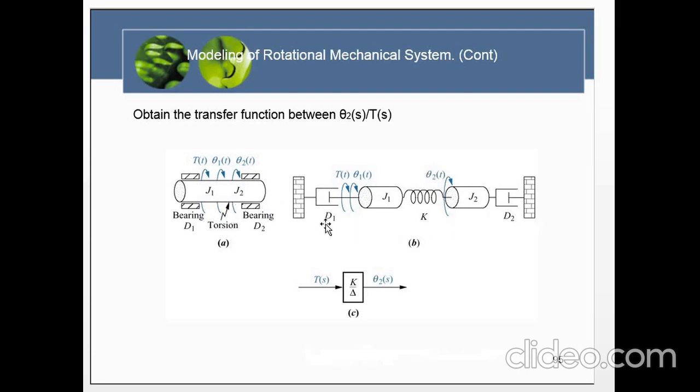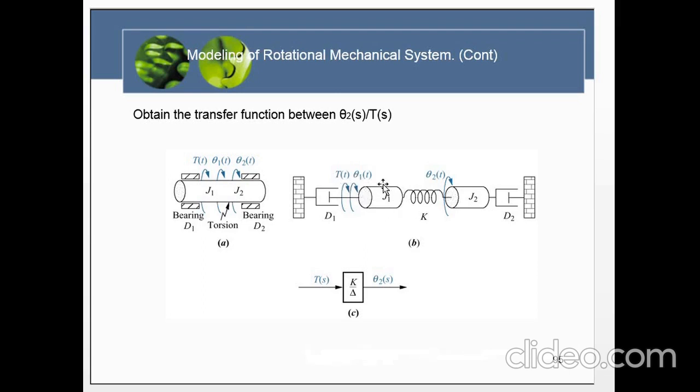Okay, that is the schematic dynamic of this system. You see here D1, which is represented by the damping, and it is the friction that works with T(t) and theta 1(t).